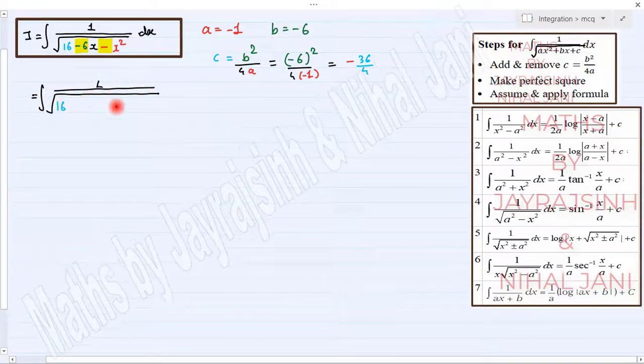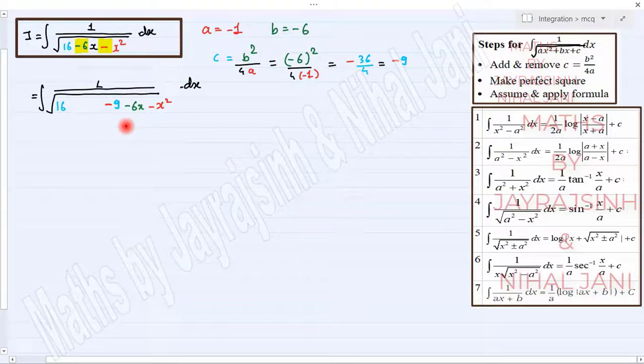Now, let's write down what we have. To make a perfect square, we have to add and remove the required last term, which is minus 9. So we have to add plus 9.